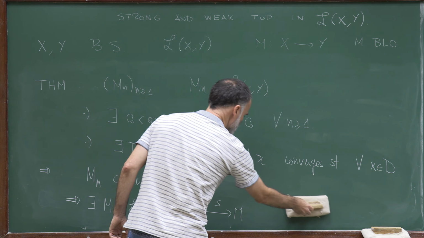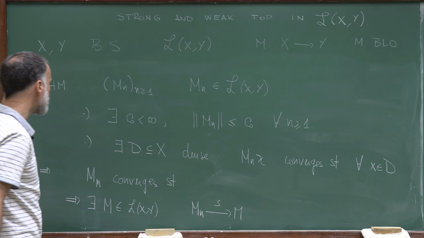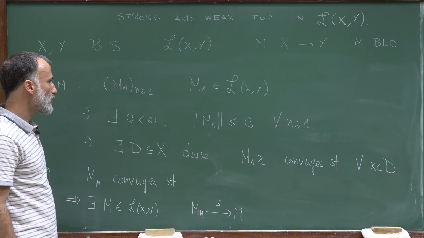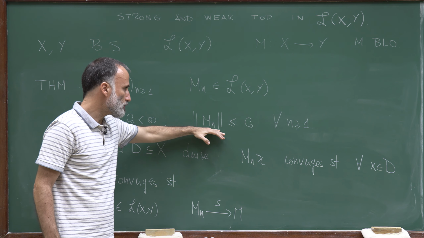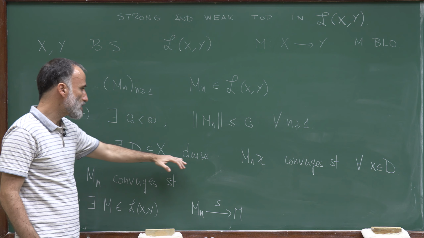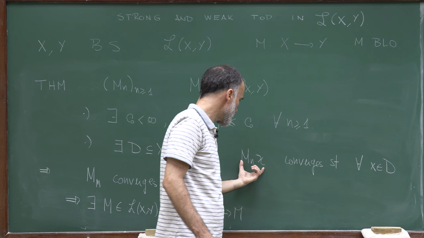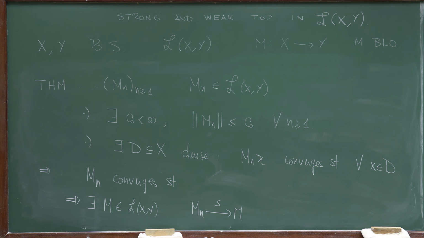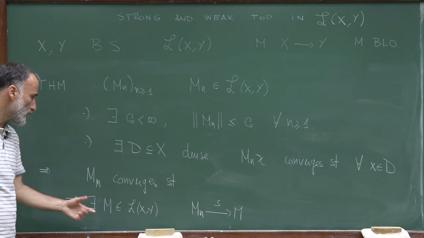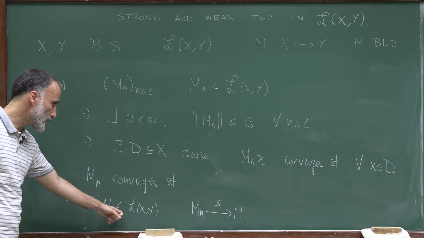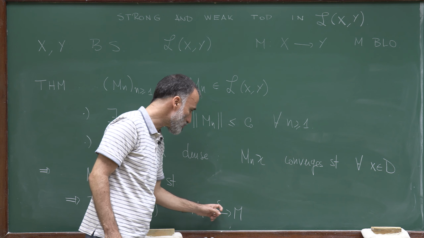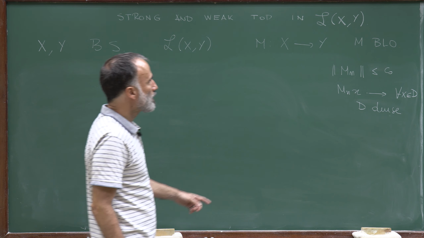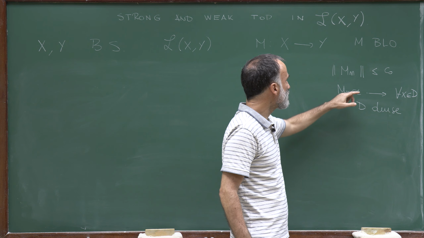So the theorem reads as follows. Assume that you have a sequence of bounded linear operators which is bounded and for which there exists a dense subset D of X such that the sequence Mn x converges strongly for all x in D. Then I claim that Mn converges strongly, which means that there exists a bounded linear operator M such that Mn converges strongly to M. So I just restated the hypothesis of the theorem.